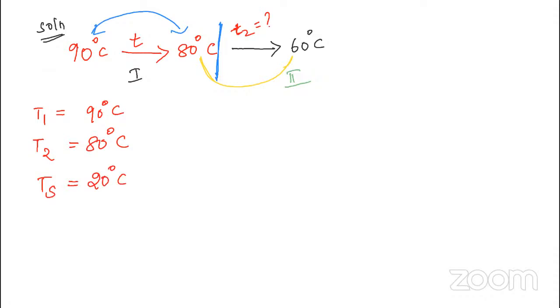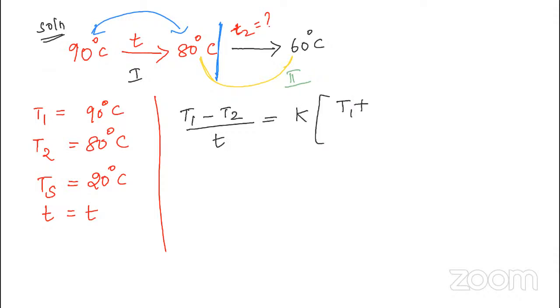For the first one, the time taken is T. We are going to substitute all the information in our given formula. So what is the formula? It is (T1 minus T2) divided by T is equal to K into ((T1 plus T2) divided by 2 minus TS).